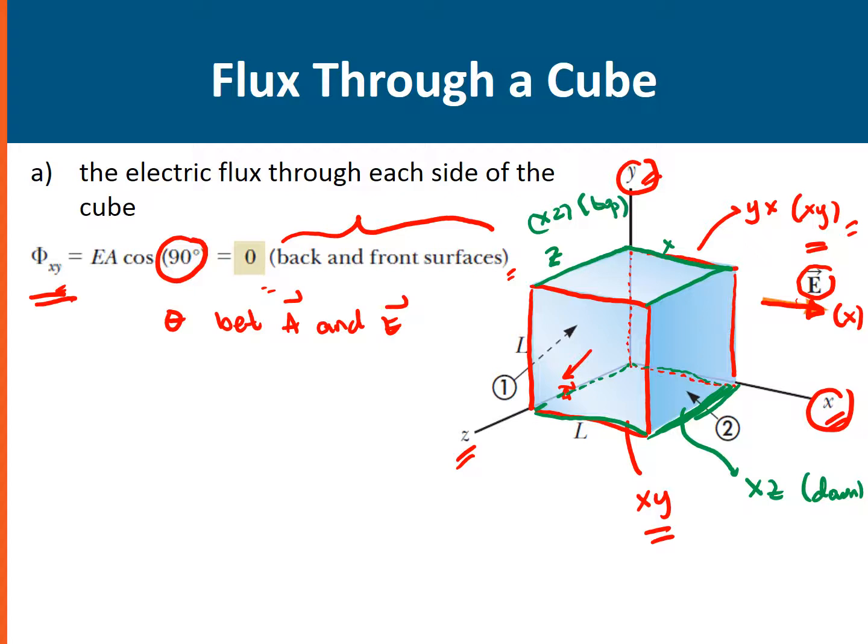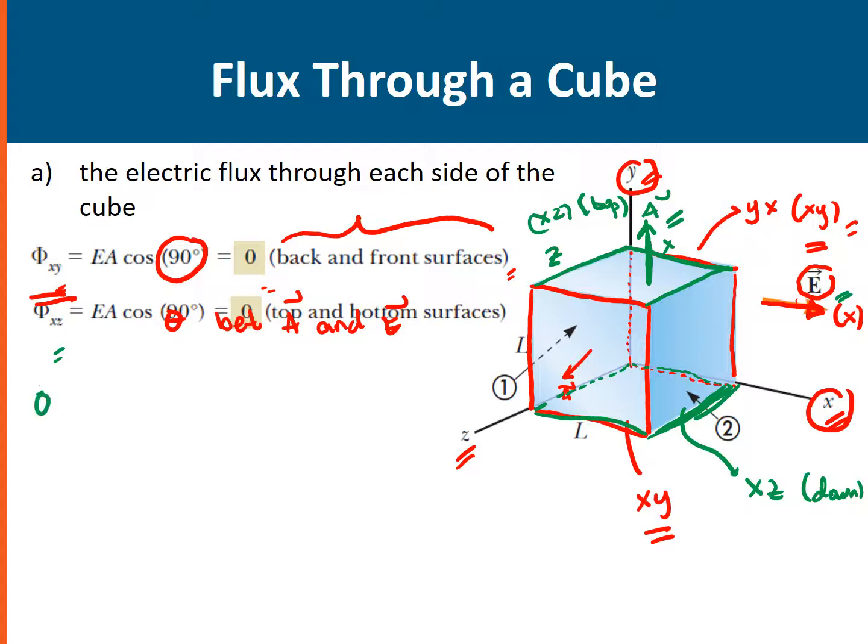Also, in these surfaces, electric flux is zero, because if we draw the area vector of the xz plane, it's going to look like this. This is our area vector, and it is perpendicular to the electric field, meaning no electric field would penetrate through the surfaces. So the electric flux through the xz plane is also equal to zero.